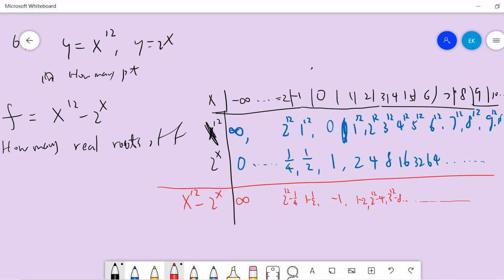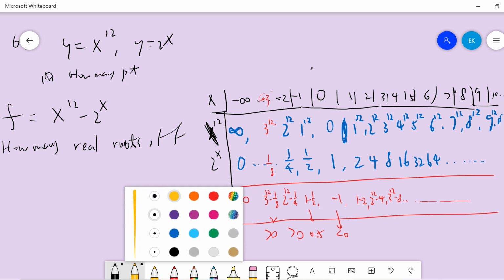Each time you see the sign flip, there must be a root, right? So this one is larger than 0, larger than 0, this is 0.5, and this one is less than 0. So you see, there must be a root.